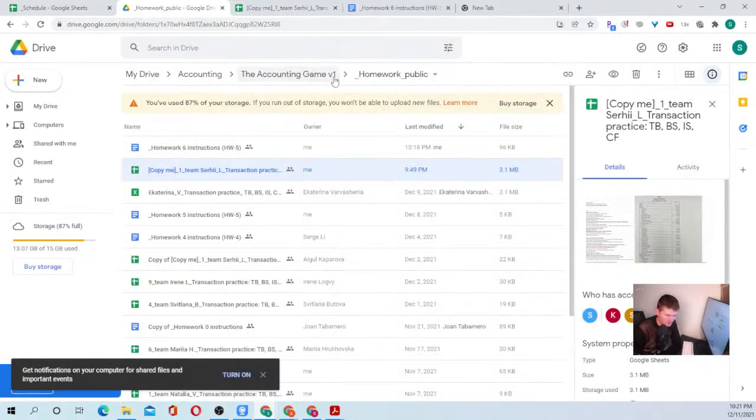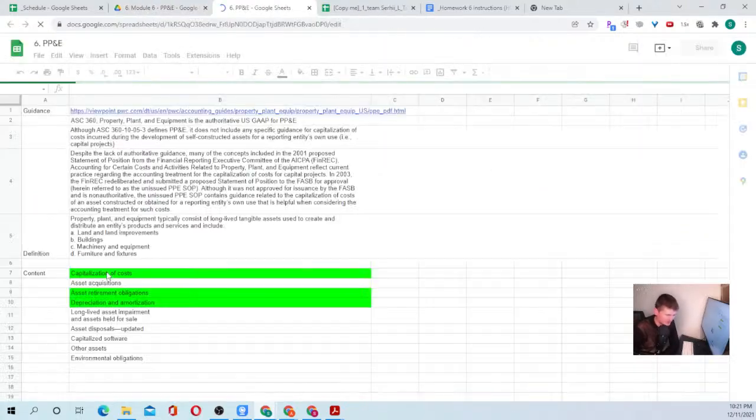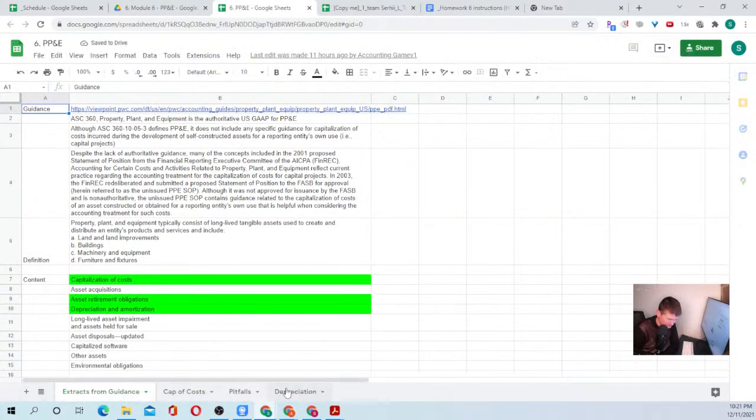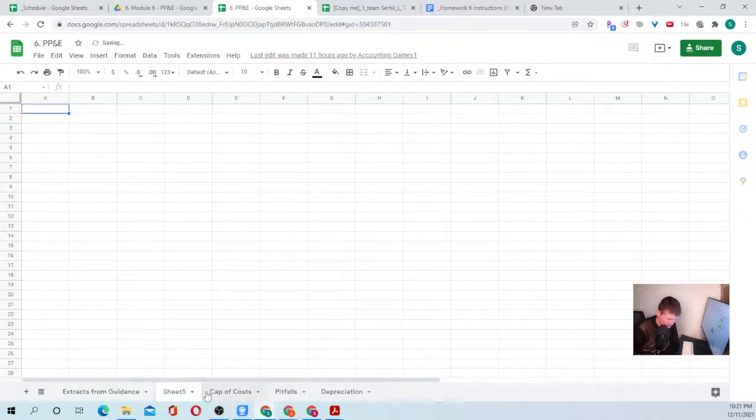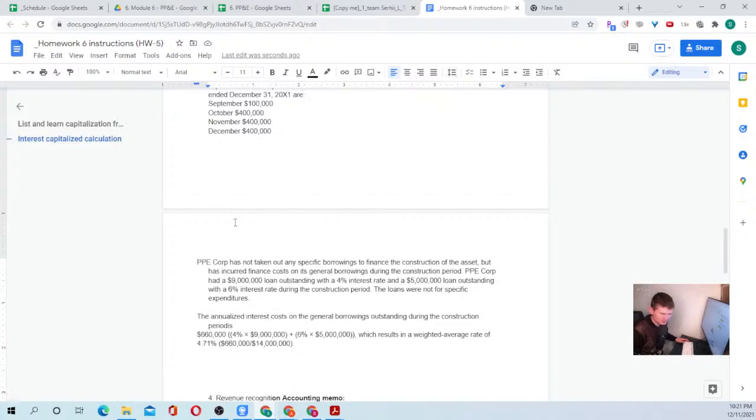No, I will do it in PPE file. At least I did some PPE file. Okay, let's call it capitalize. Okay, and I'll have to copy my homework information here.